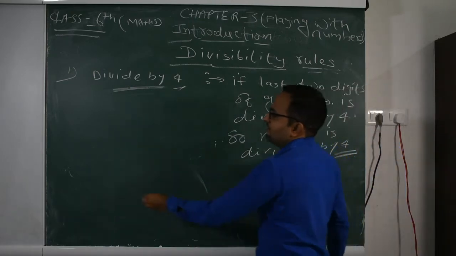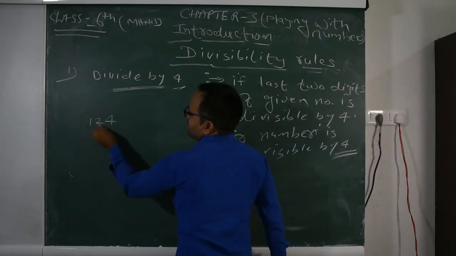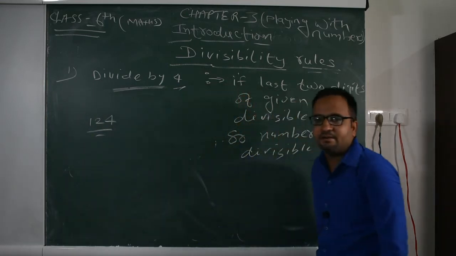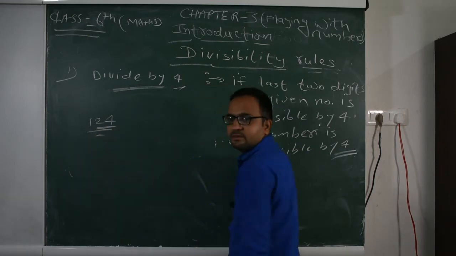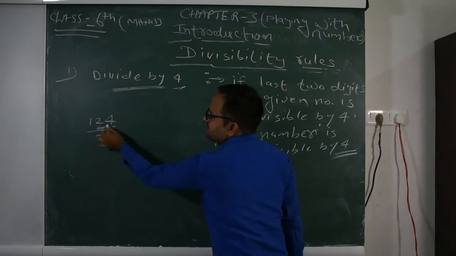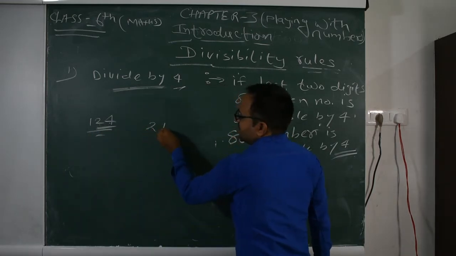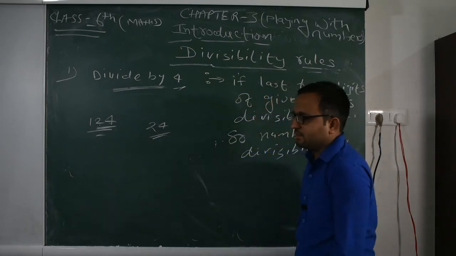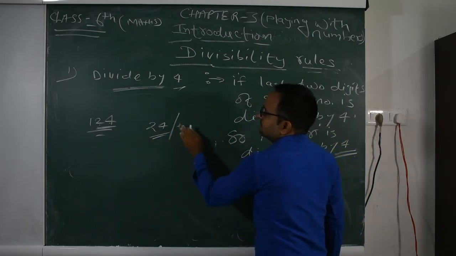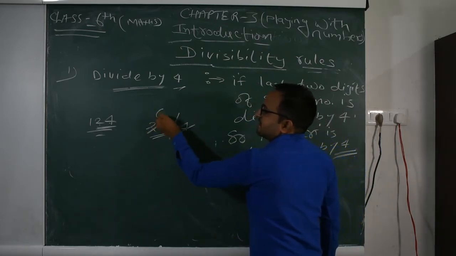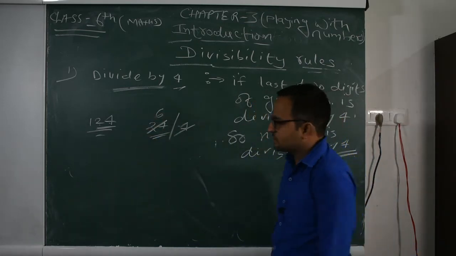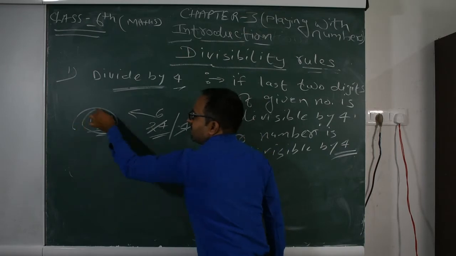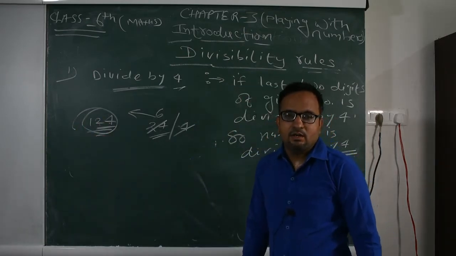That means if you have 124, we check whether 124 is divisible by 4 or not. We check the last 2 digits, which are 24. Is 24 divisible by 4 or not? 6 fours are 24. That means 24 is divisible by 4, so we also call 124 divisible by 4.